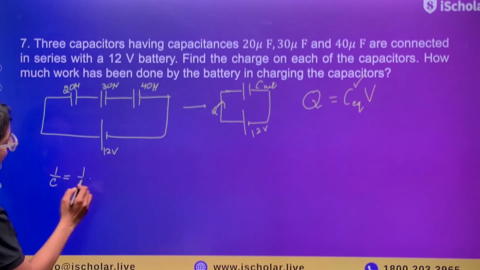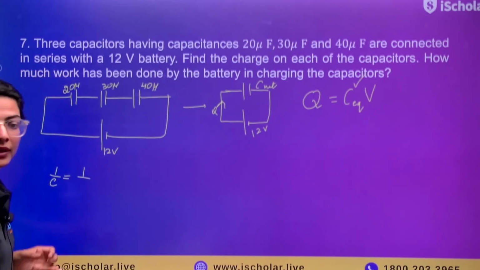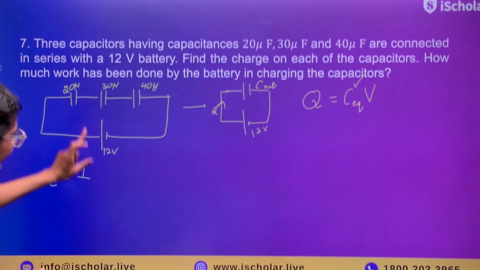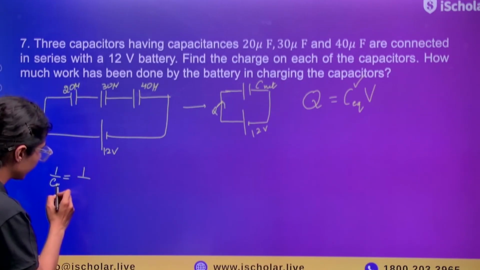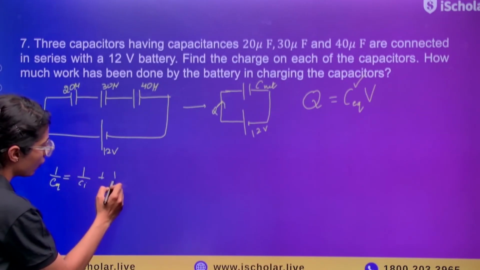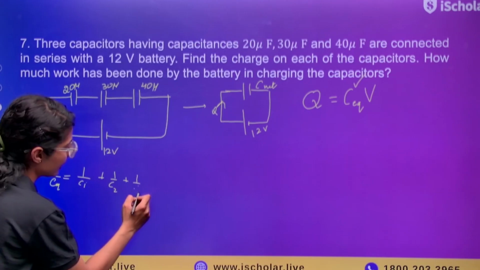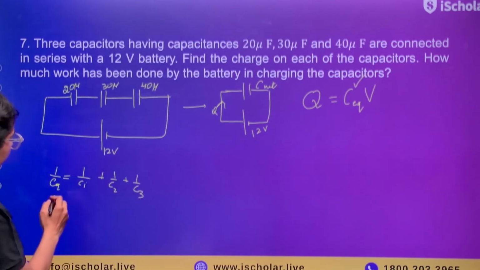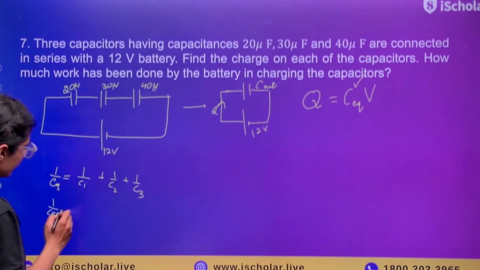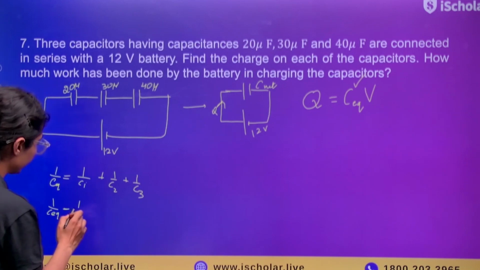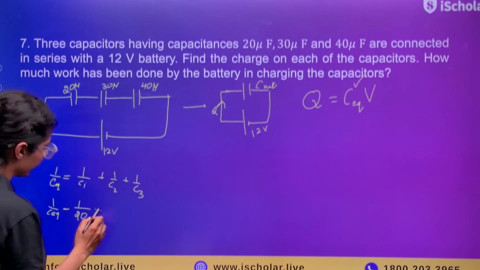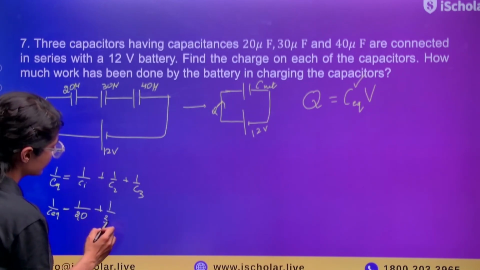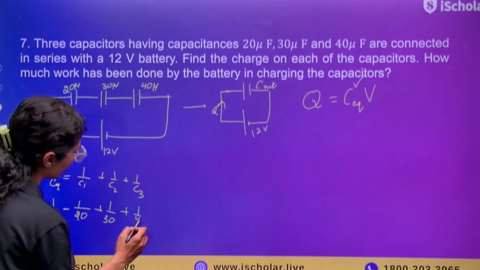net is equal to capacitance. Since they are in series, I'll be writing it as 1 by C equivalent equals 1 by C1, 1 by C2 and 1 by C3. What is the value of C equivalent? It will be 1 by C1, which is 20 microfarad, 20, because of C2 that is 30 and because of this which is 40.